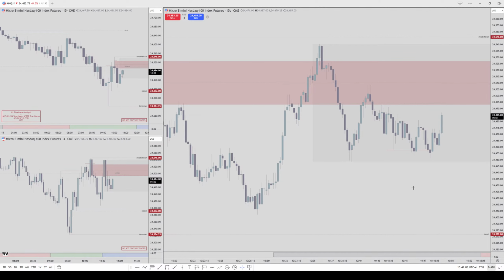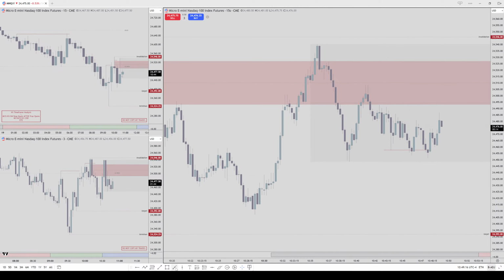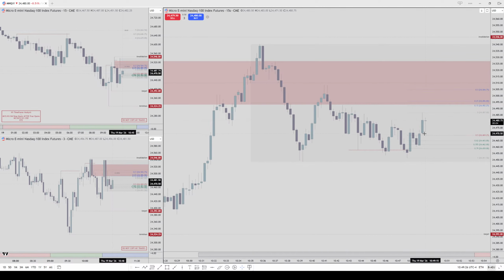Okay, this is our very first CSD on the 15. We have this right here. Right now we're still inside of this micro range down here.